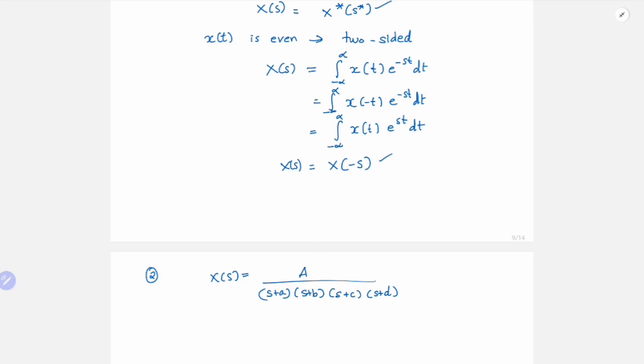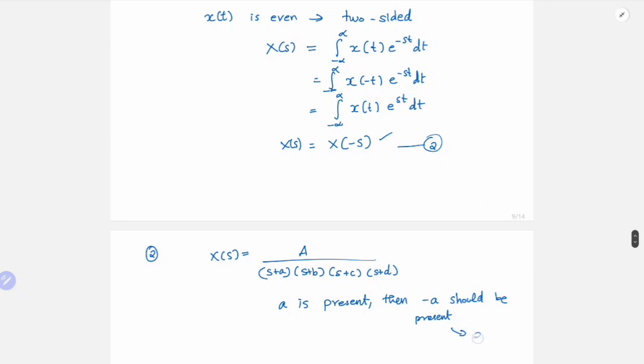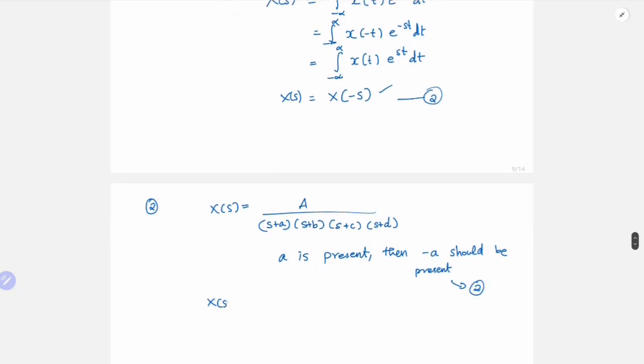If a pole at s equal to minus a is present, then the pole at plus a should also be present, due to condition 2. So I can rewrite this as a by s plus a, s plus b, s minus a, s minus b.